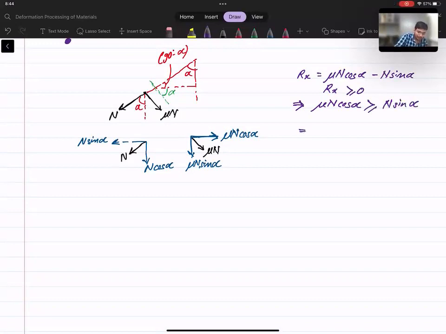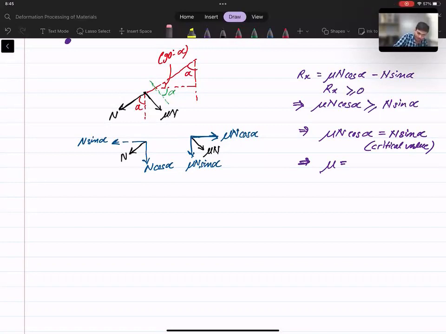If we neglect the greater than, then we can say that mu n cos alpha is n sin alpha. This will be the critical value. This n will get cancelled out, and this mu will again become sine, and this cos will come into denominator.